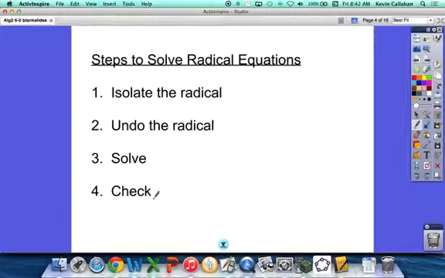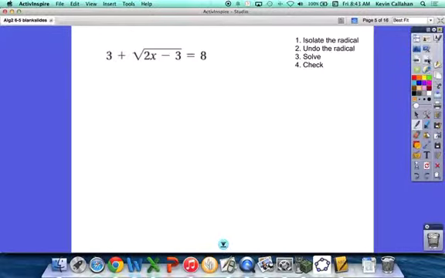But there's some in particular that you really have to check because extraneous solutions are possible. So we just see when is it that we might get an extraneous solution. So these steps are right here.